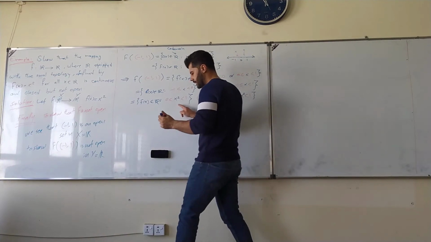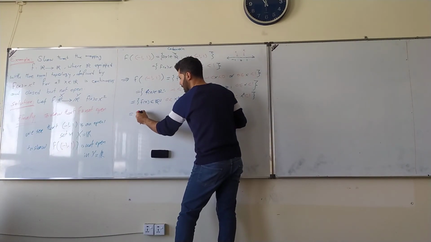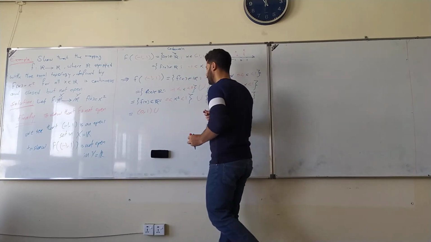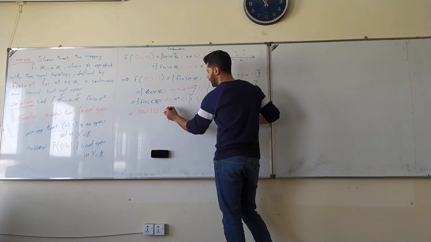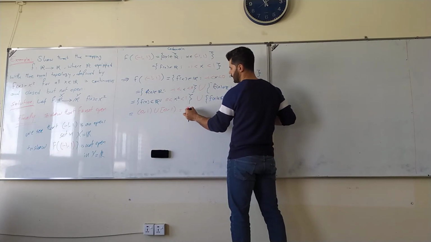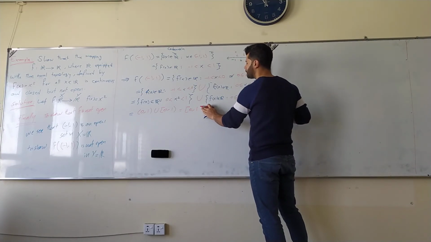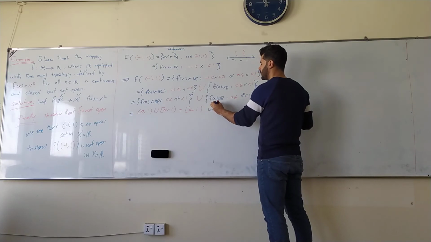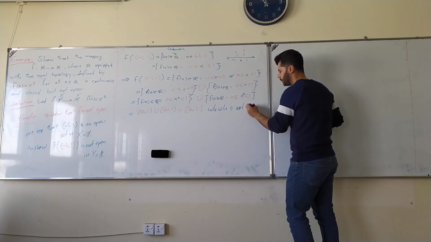And this one gives us the open interval 0 to 1, union the other one gives us the half-closed interval 0 to 1, and finally we get 0 to 1, and we see that this is not open.